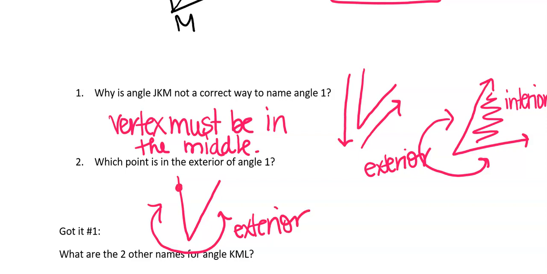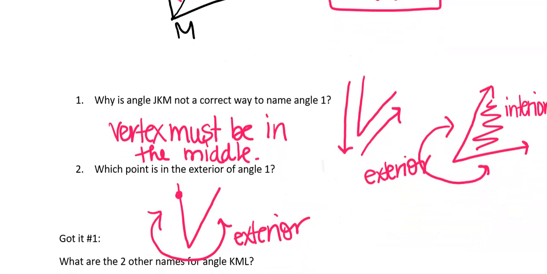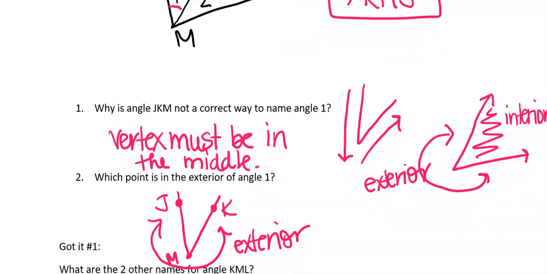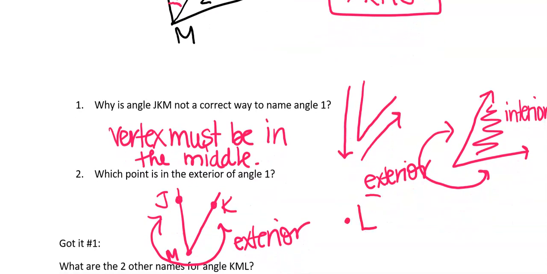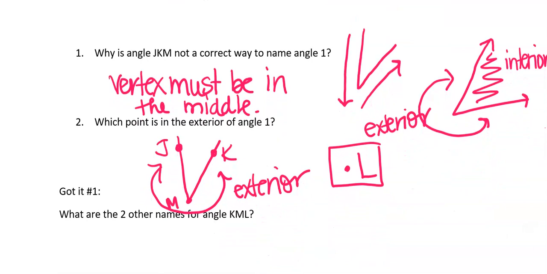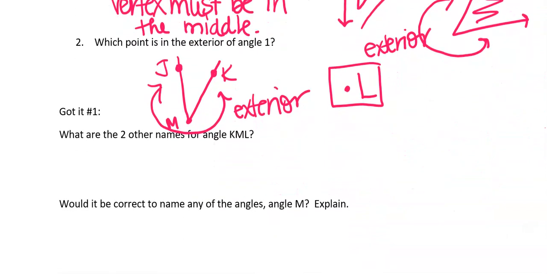So let's see, JMK. So anything that's on the outside of angle JMK, I'm going to say point L. You can't say M because M's on the angle. You can't say J or K because they're on the angle, and you can't say anything on the inside. You can pause the video for a minute and try got it question number 1.